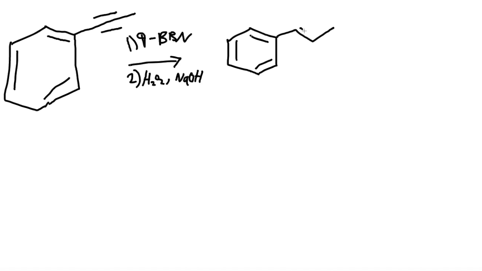Okay, so we have this, and then it's between here. Before we do anything, we should see that over here we don't have symmetry, because this side is not the same as this side. So this is not symmetrical. Also, both of these carbons are actually secondary.